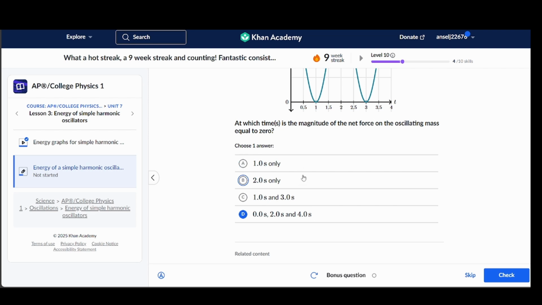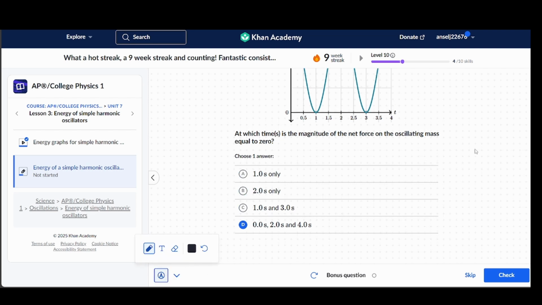When the potential energy is the highest, it means completely stretched. It has the least net force because there's no forces acting on it, no momentum. I mean, momentum isn't really a force. I think it's this.